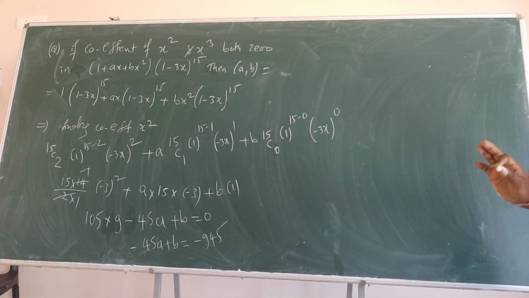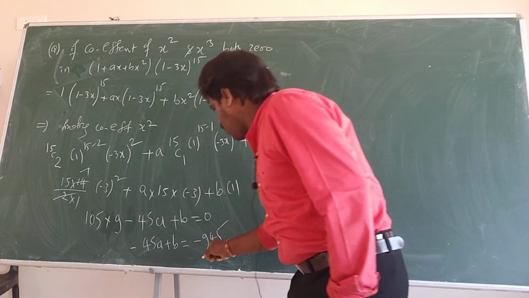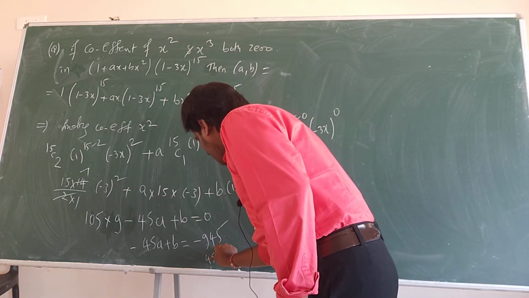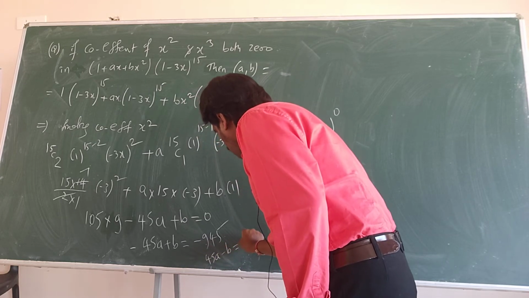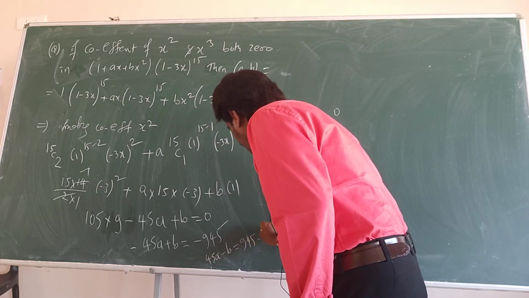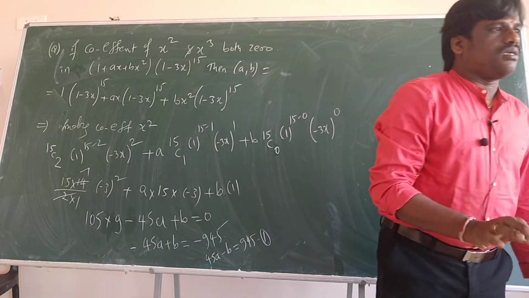So this is one equation. Now multiply with minus, and what I get finally is 45a minus b is equal to 945. That is one equation. Clear?